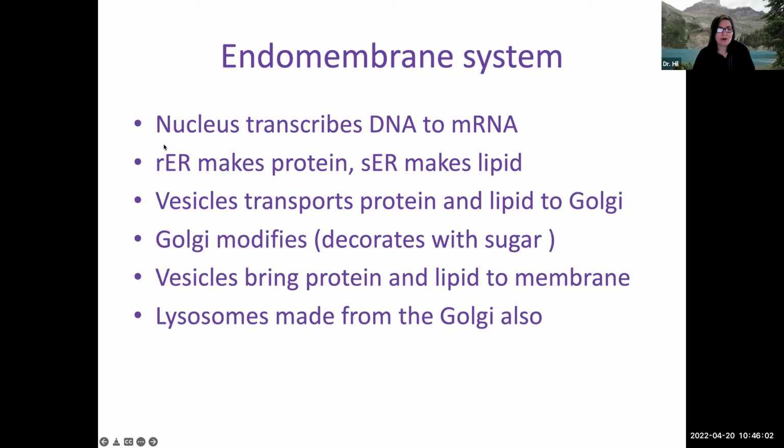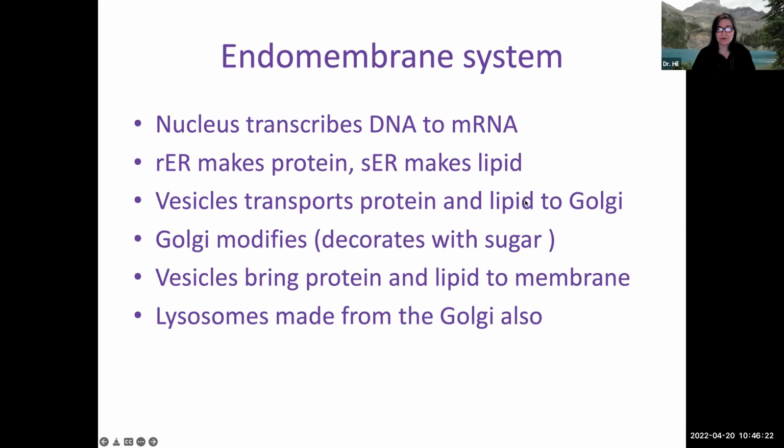Now, the rough ER makes protein and smooth ER makes lipid. And so obviously the rough ER is going to depend on transcripts coming from the nucleus. There are vesicles moving stuff around all over the place, but one of the things that they do is they move proteins and lipids made in the ER to the Golgi. So there's another connection there.